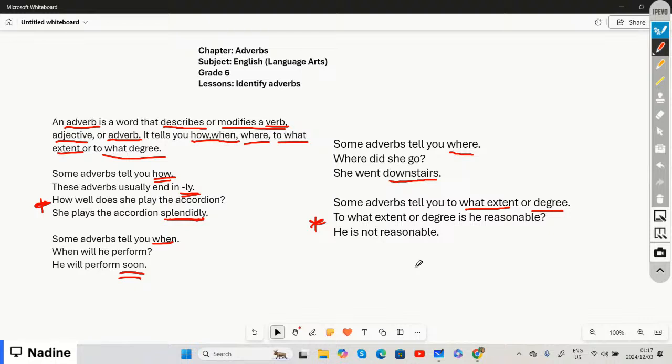And then some of our adverbs that tell us where, the place: downstairs, upstairs, east, under, somewhere, and so on. And then to what extent or to what degree.